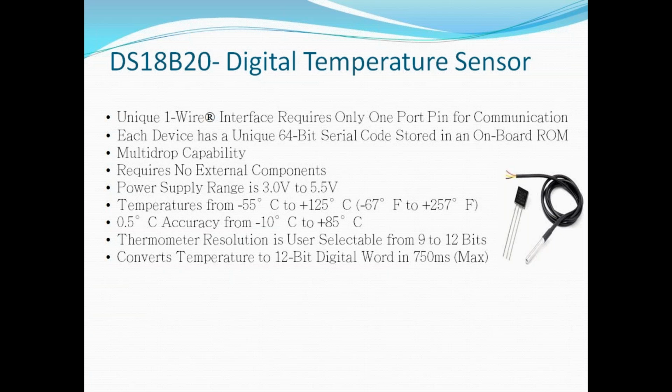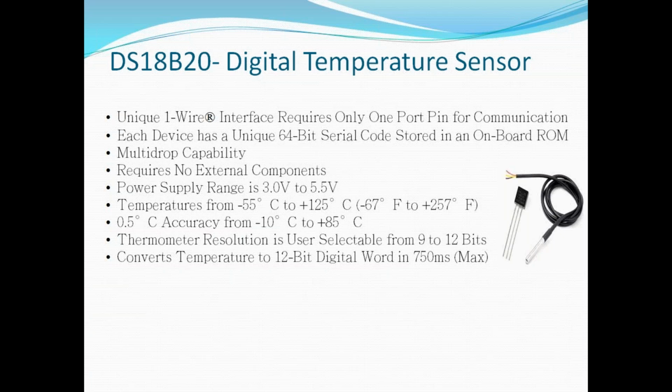Then it has a 64-bit serial code stored. Now, what is it exactly? DS18B20 is a smart sensor, unlike LM35. When you talk about the temperature sensor LM35, and why am I repeating LM35 and DS18B20, because most of the time in academics, people use LM35.